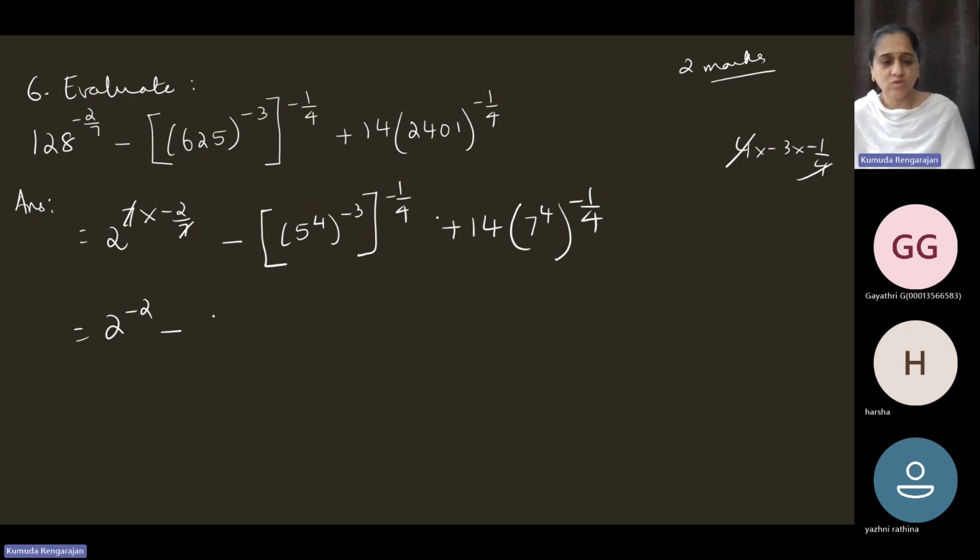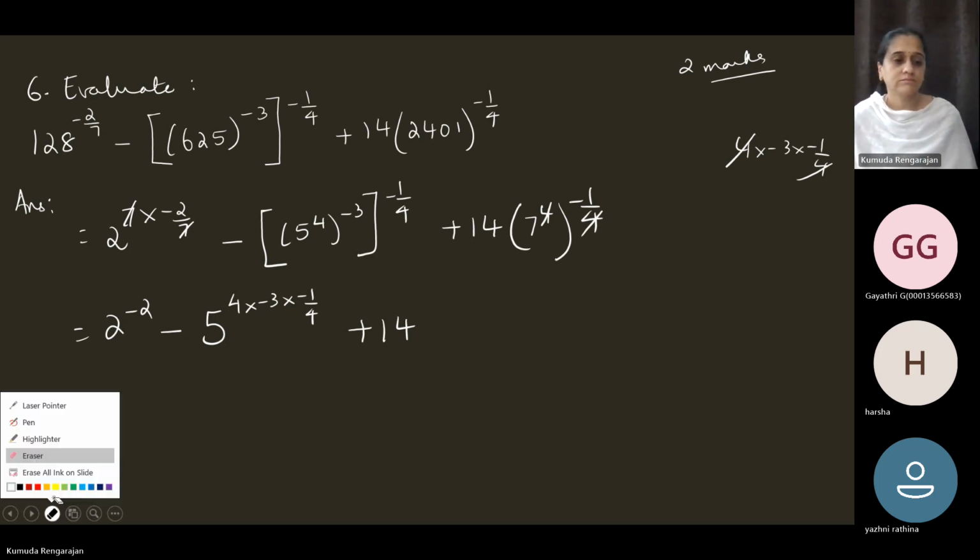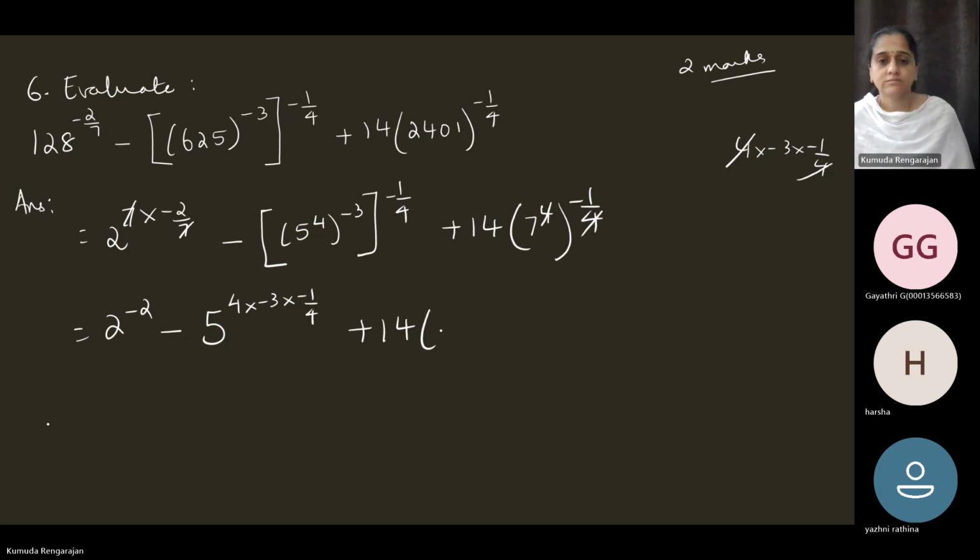Or you can just show that step: 5 to the power 4 into minus 3 into minus 1 by 4 plus 14. Cancel the 4 and 4 into 7 power minus 1.